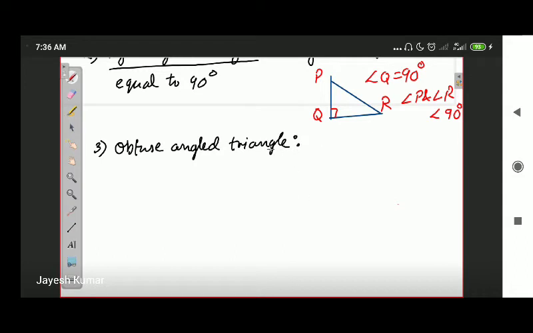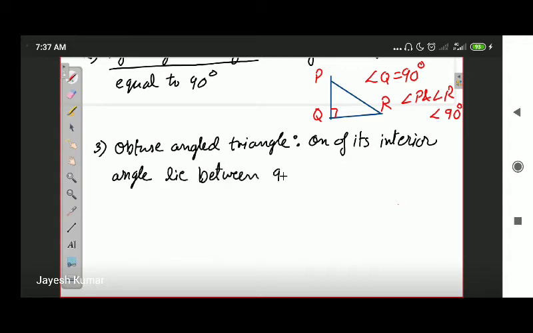If one of its interior angles is greater than 90 degrees, lying between 90 degrees and 180 degrees, then it will be called an obtuse angle triangle.